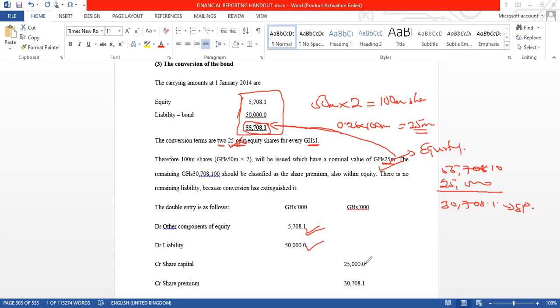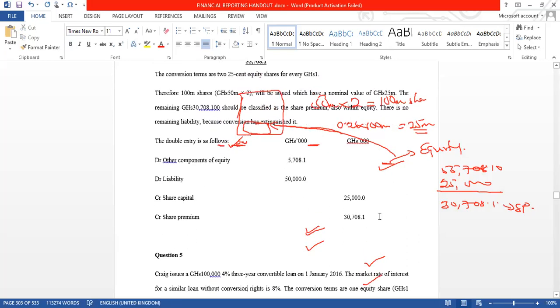And your share capital with your share premium to balance up the journalization that you have done. All right, so that is when it's going to go through conversion. So you have to split them. So if it is converted, then this is what you have going forth.